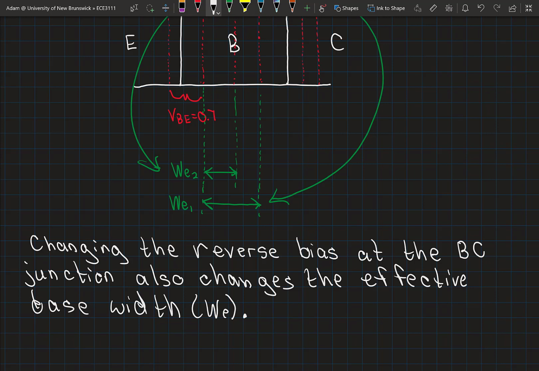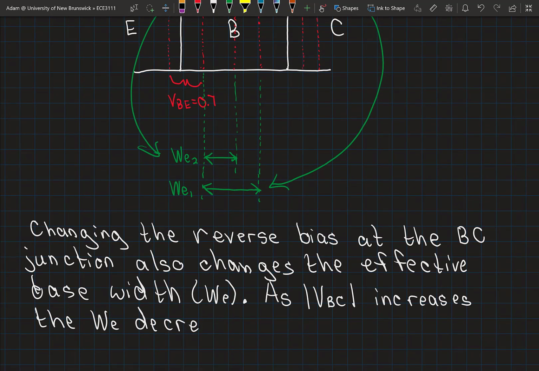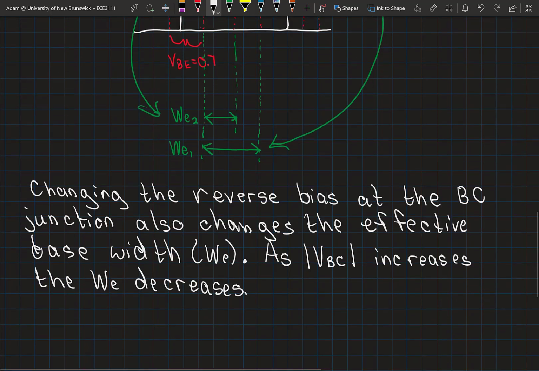So as the absolute value of the base to collector voltage increases, the effective base width decreases. And this is known as the early effect.